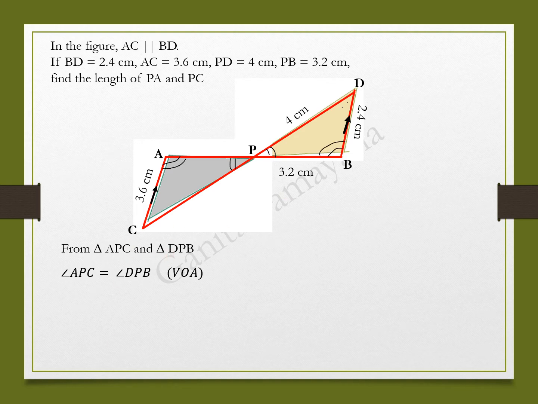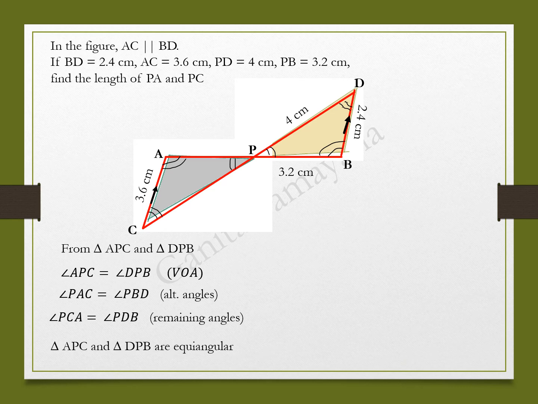So we have angle CAP equal to angle DBP, that is angle PAC equal to PBD, which are alternate angles. So once we get the two, the third one automatically becomes equal. So we have angle PCA equal to angle PDB. Is it clear, children? So we have identified equal angles here. So the two triangles can be said to be equiangular triangles. Okay, children. So triangle APC and DPB are equiangular triangles.